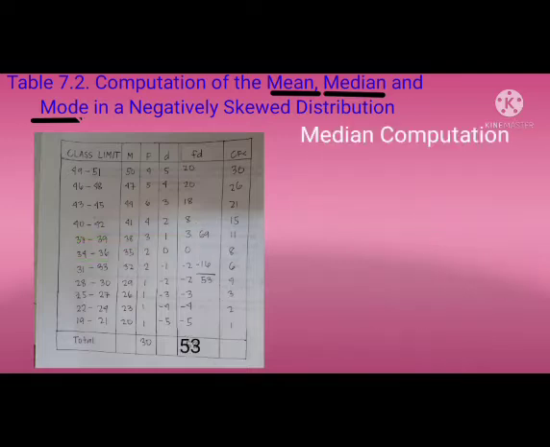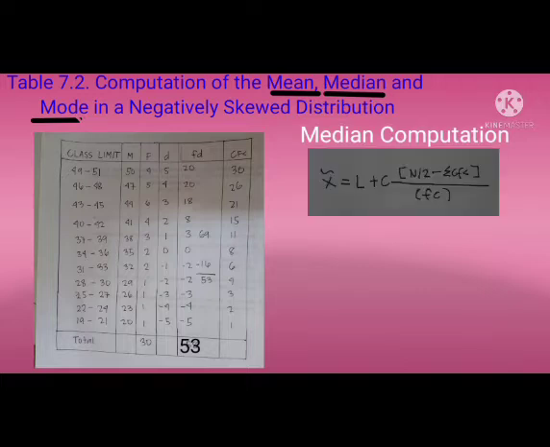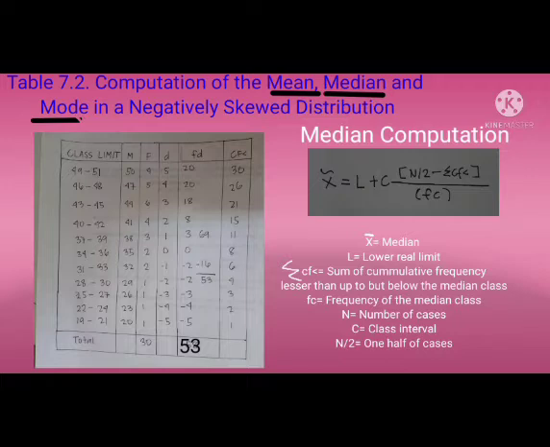Second, the median. To calculate the median in a negatively skewed distribution, we have this formula: the median is equal to the lower real limit plus the class interval times the sum of one half of the cases in the distribution minus the sum of the cumulative frequency lesser than up to but below the median class, over the frequency of the median class.